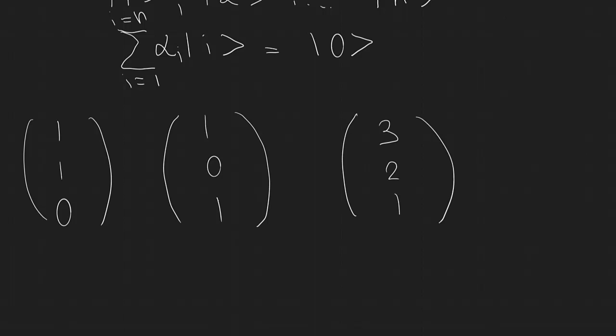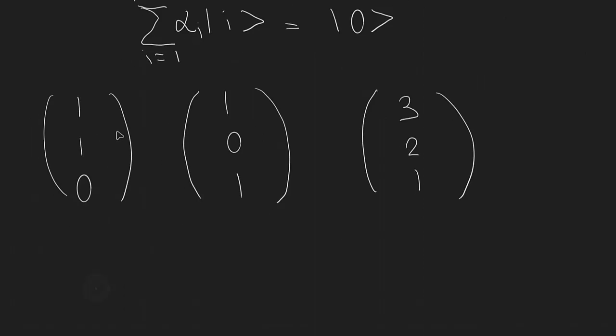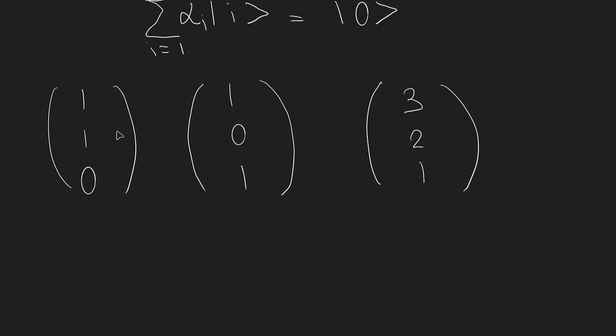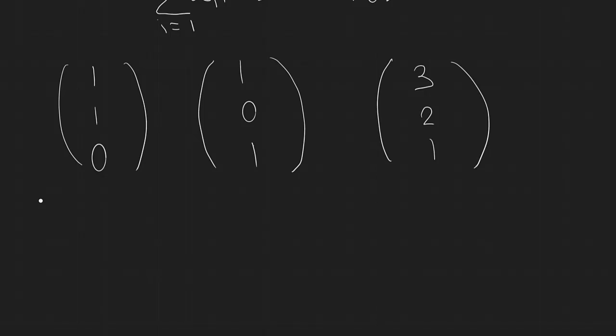Well, let's illustrate this with an example. We have a couple of column vectors, well, 3 column vectors here. Are those linearly independent? Well, let's see if we can get them to give us the 0 vector. So what I'm going to do is multiply the first one by 2, then I'm going to get essentially 2, 2, 0, and then I'm just going to add them up with 1, 0, 1, so the coefficient of this one will just be 1.